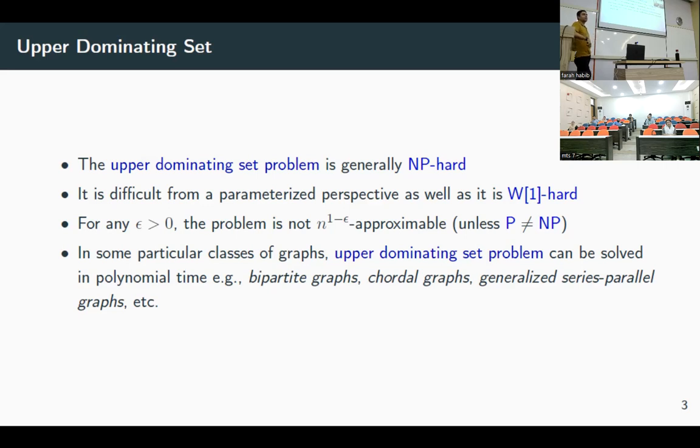Yeah, but that's my question. How do you know that the approximation is going to converge to some approximation of the upper dominating set or the maximum set? Because that's what I started talking about: NP-hard does not mean that we don't know the solution. It's that it is too hard to find a solution in a reasonable amount of time. Yes, I understand, but there's a question of existence. No, but you can have some parameter and show that for some value of the parameter, what you are computing will be the solution.